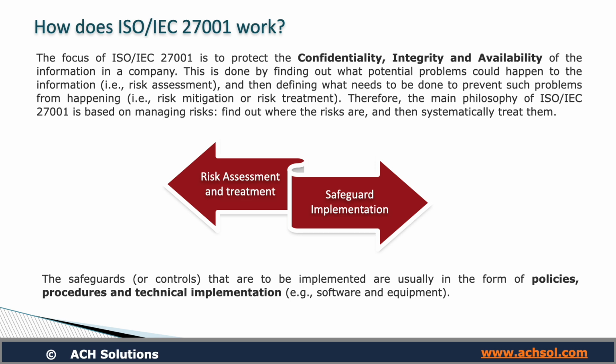But for right now, let's understand it like this: risks are something which need to be found out first and then treated. And as per the treatment, we do the safeguard implementation. The safeguards here are called controls, which ISO 27001 mentions in their list. These are the controls as per ISO 27001 which you need to follow or implement in your company.